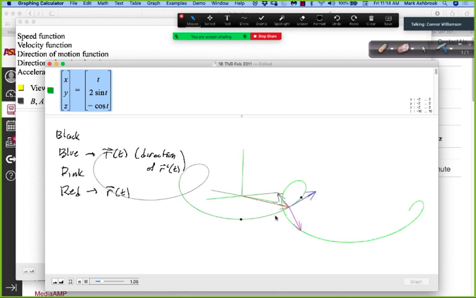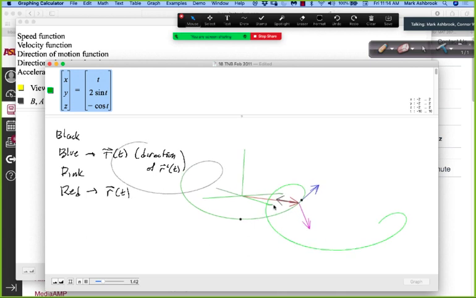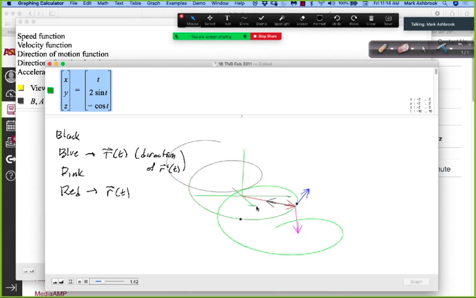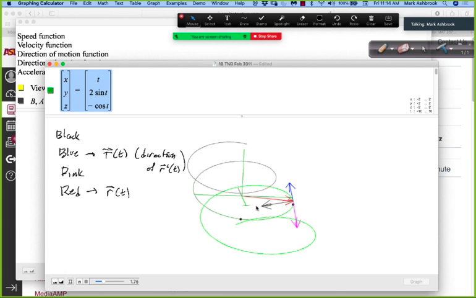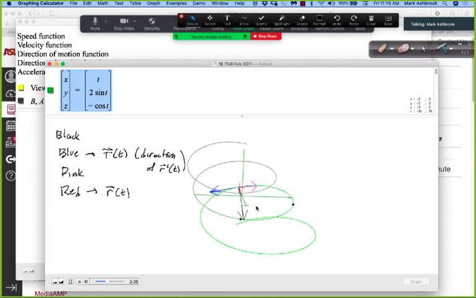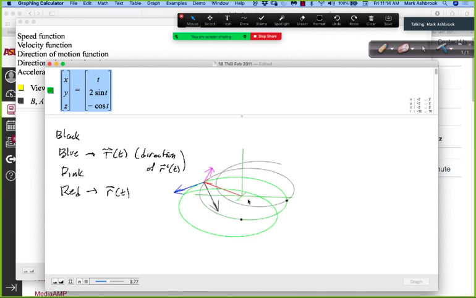It's always turning left. And so it's always pointing kind of toward the center of the helix. If this was circular, it would always be pointing right at the center of the circle. But this is elliptical, so it's not quite like that, but that's the general idea. It's pointing towards the center of rotation. So black is our N vector.